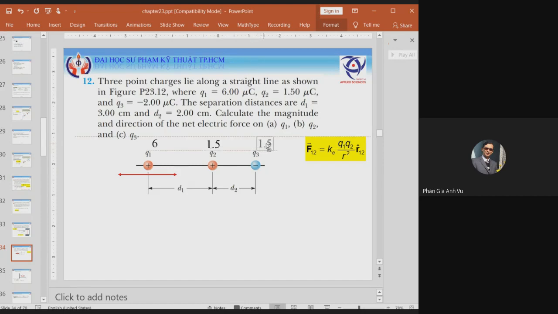This one will be -2. And the distance here, D1 is 3 centimeter, D2 is 2 centimeter. So when you look at the values here, you can guess that the force here is a little bit shorter, right? Than the force to the left.